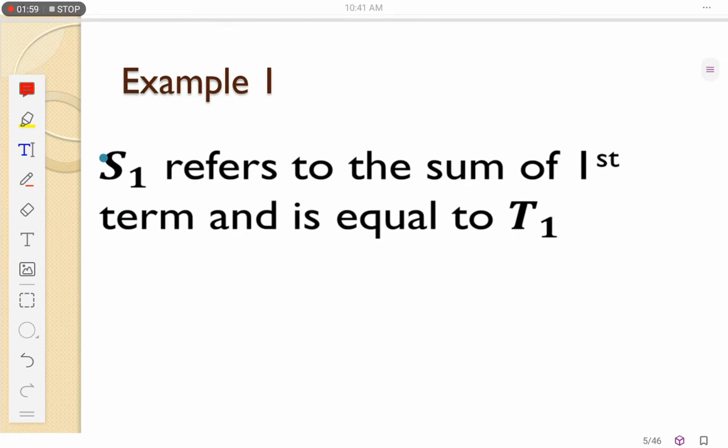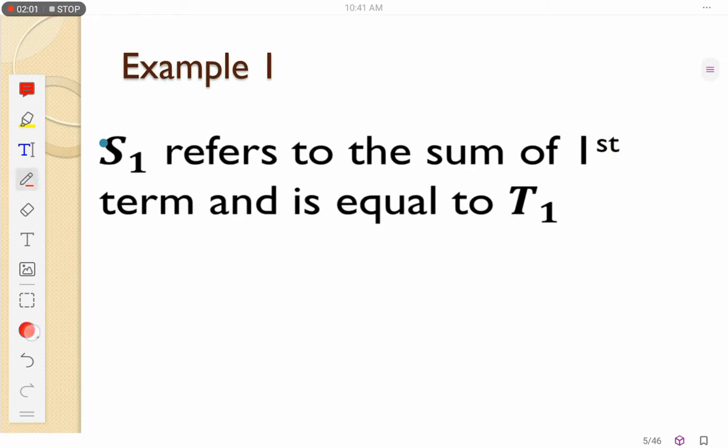Okay, so example number 1 that I have here is this one. We have S1. So this is the summation of one term, or first term.